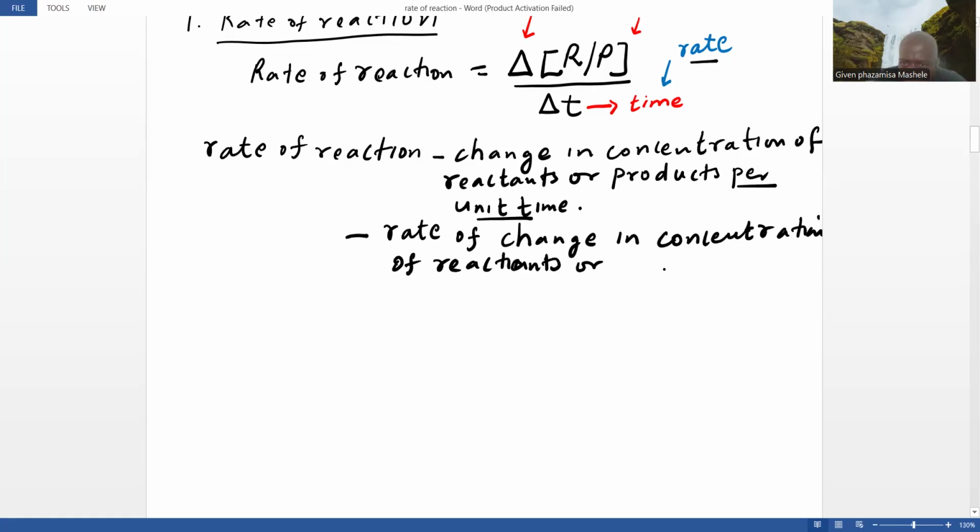Oh, no, not necessarily per unit time, because we use the word rate. I apologize.